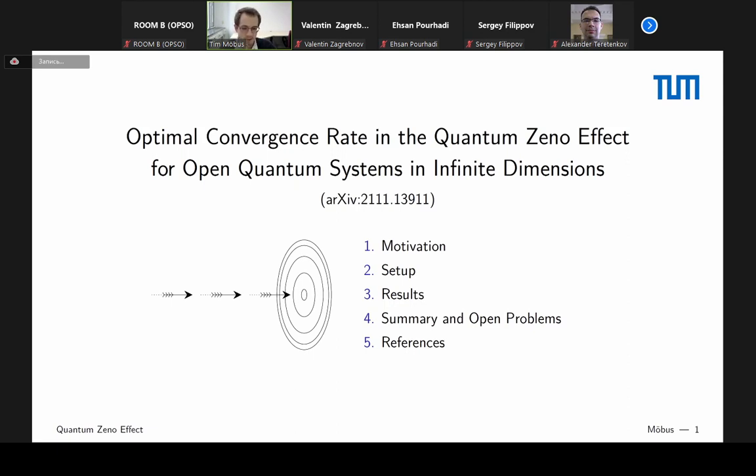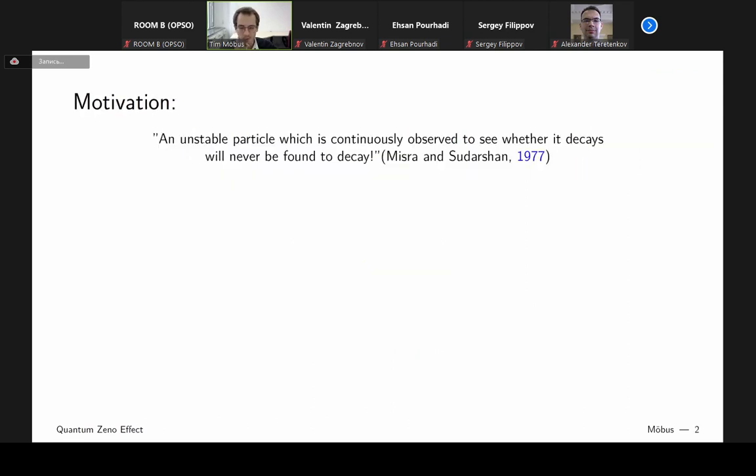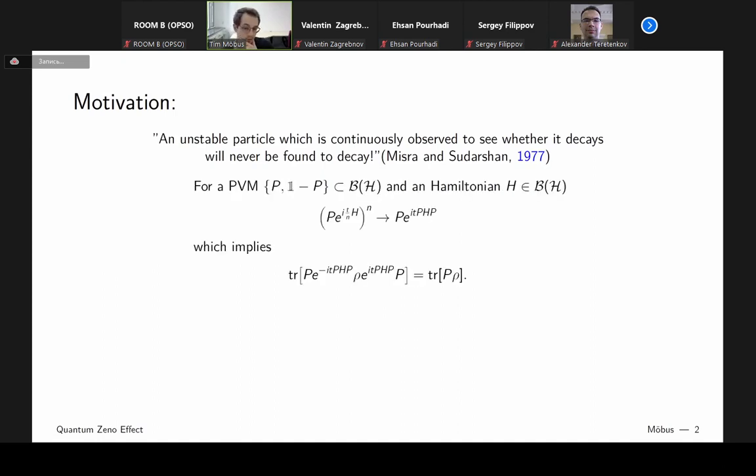But what does this have to do with our project? In 1977, Misra and Sudarshan published a paper, and in their abstract they wrote that an unstable particle which is continuously observed to see whether it decays will never be found to decay. What does this mean? It is a theoretical paper where a particle is affected by time evolution.